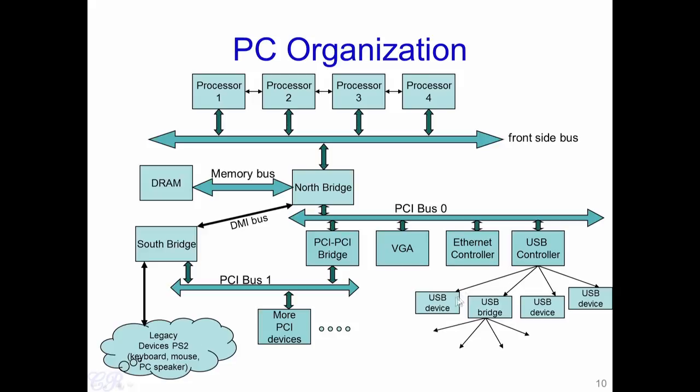Now, as you would notice over here, the USB devices are connected in a tree like structure. The PCI bus also has a hierarchy type of structure. For instance, in this case PCI bus 0 is the closest to the north bridge, and you have in this way a PCI bus 1 which is connected to the north bridge through PCI bus 0. The interface between bus 0 and bus 1 is through a PCI to PCI bridge.